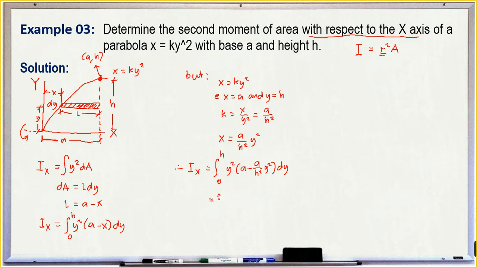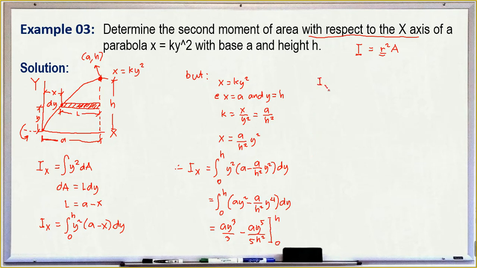So from 0 to h, we have a y square minus a over h square times y to the fourth dy, and then we're going to integrate each of these terms. So using the power rule, we have a y cube all over 3 minus a y to the fifth over 5 h square, and we're going to evaluate this from 0 to h.